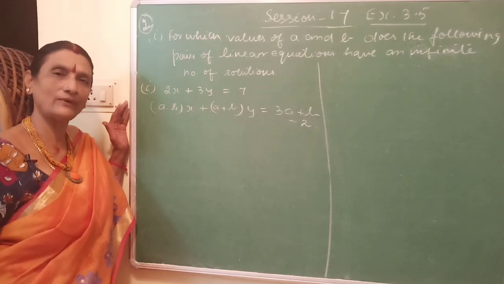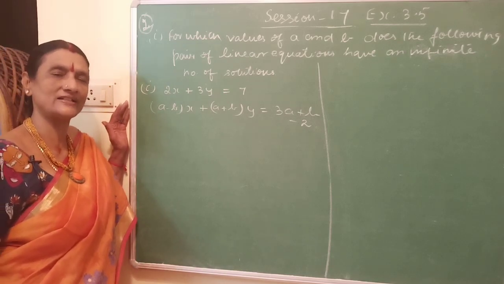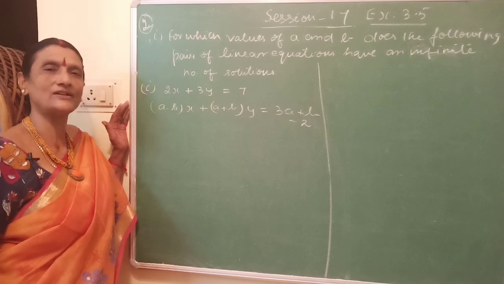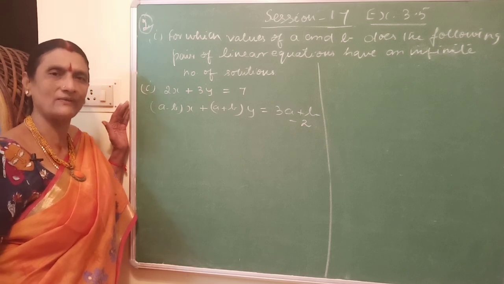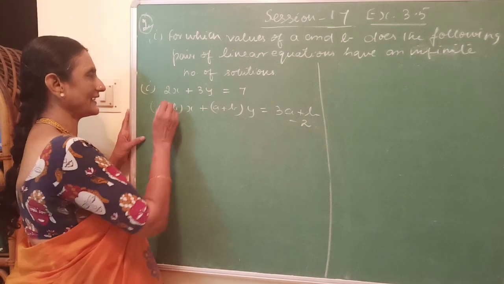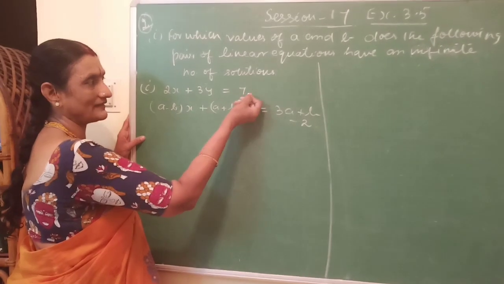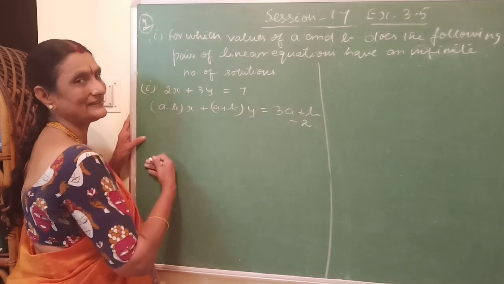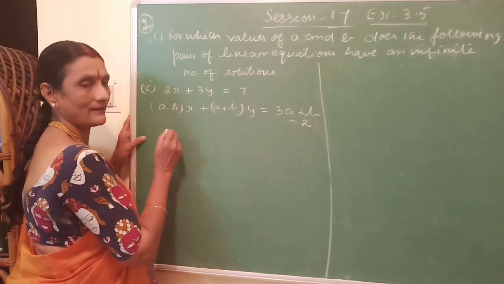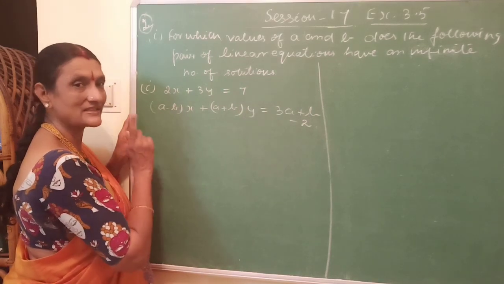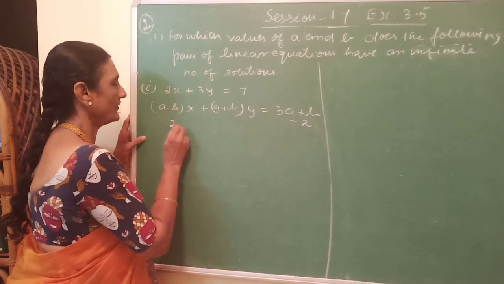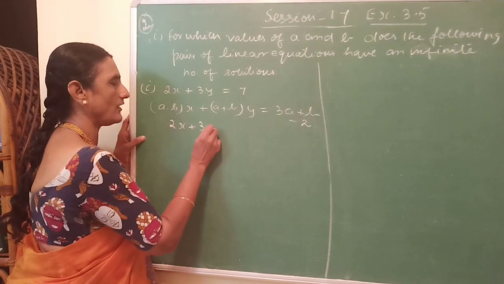When do two equations have infinite solutions? When a1 by a2 is equal to b1 by b2 is equal to c1 by c2. So if that is the case, this is a1, a2, b1, b2, c1, c2, but they have to transpose the sides. Why? Because the equations have to be written in the standard form. So first let me write it in the standard form.